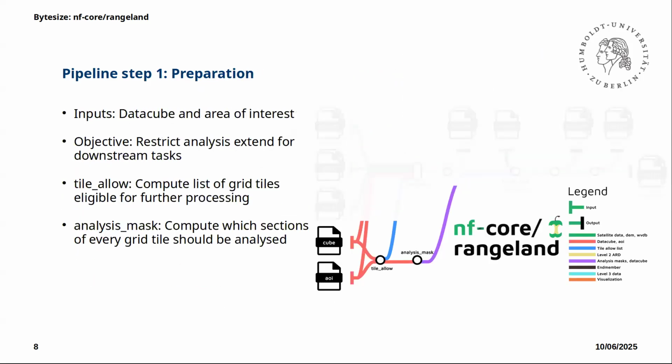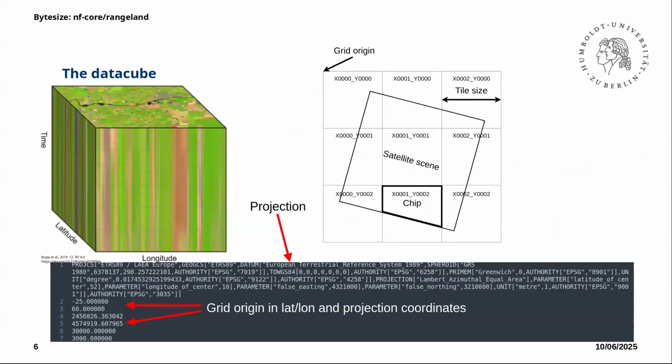Where is it? Yeah, and we basically define a tile size here, and each input is then split into tiles of this size, and then we analyze only these smaller chips. Does that answer your question, Thomas?